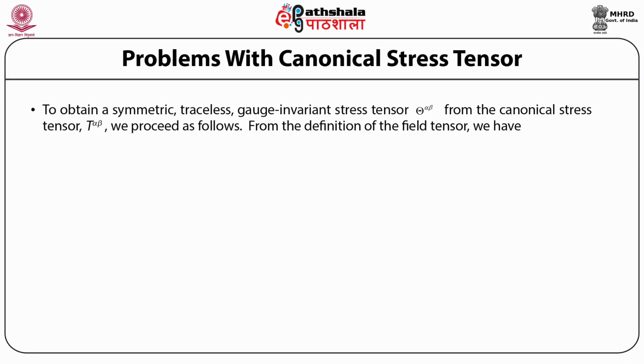To obtain a symmetric, traceless, gauge invariant tensor Φ^{αβ} from the canonical stress tensor T^{αβ}, we proceed as follows. From the definition of the field tensor, we have F^{βλ} = ∂^β A^λ − ∂^λ A^β, which implies that ∂^β A^λ = ∂^λ A^β − F^{βλ}.